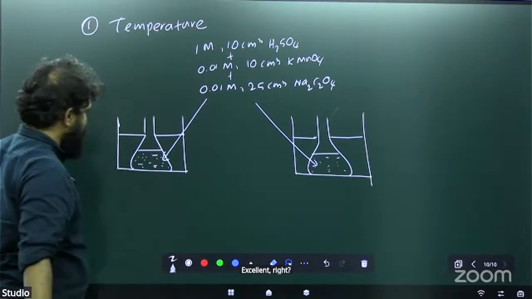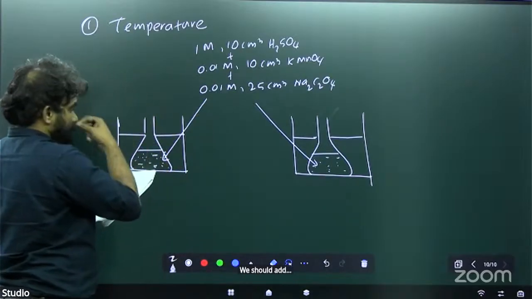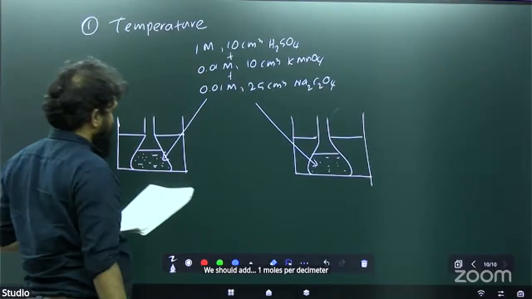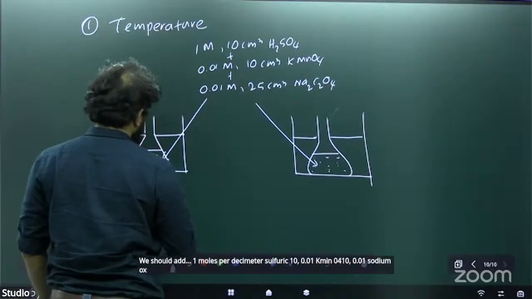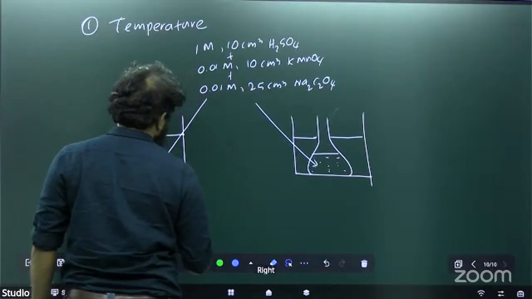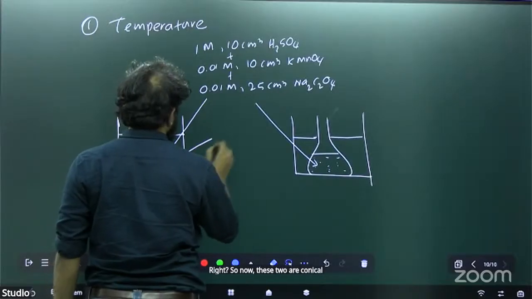Both these conical flasks, we should add 1 mole per decimeter cubed sulfuric acid 10, 0.01 KMnO4 10, 0.01 sodium oxalate 10, right? So now these two are conical flasks.